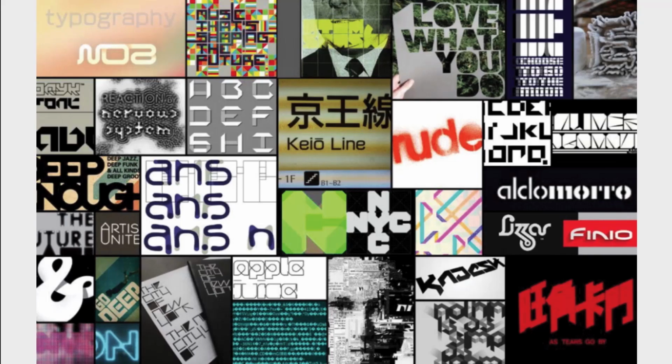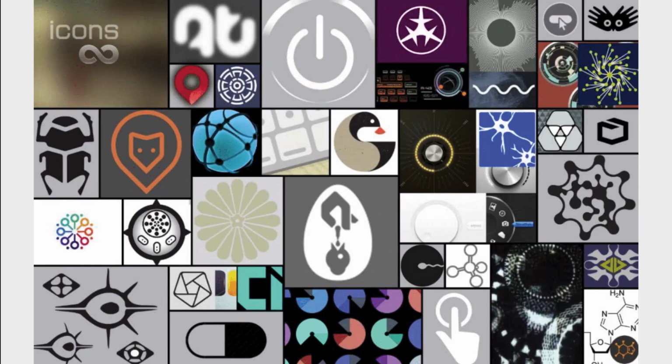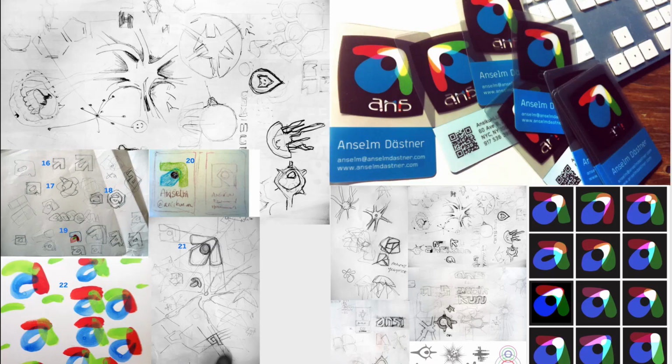And the typefaces are more on a techno, NYC, some typefaces I found in Japan that I really liked. Icons the same, here some brands that I like, more of a chemical stuff. And I ended up sketching these networks after that, and I came up with this kind of squid-like creature made out of the RGB colors, and that became the business card and the logo in the end.